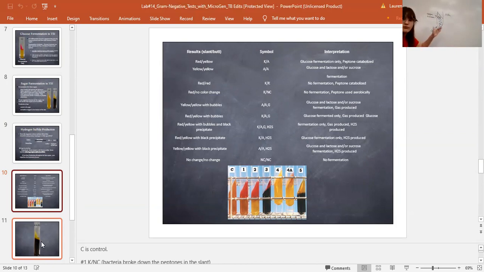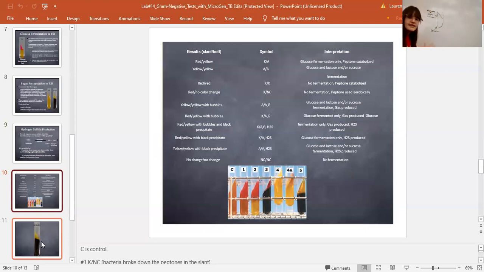So if you're breaking down what is in the slant, we have peptones, lactose, sucrose, and in the butt we have glucose.